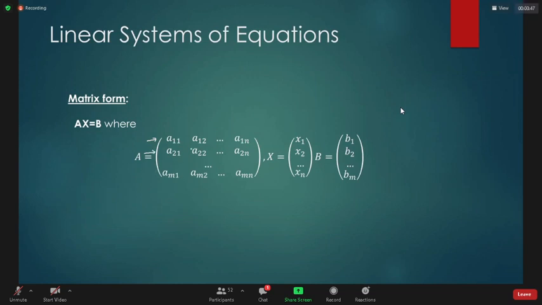So m rows for m equations, and in each row we put all the correct coefficients in the correct order, and then we think that we have the unknown column matrix. A single column consisting of all n unknown numbers, which have to be found, the variables, and the right hand constant column consisting of m constants.